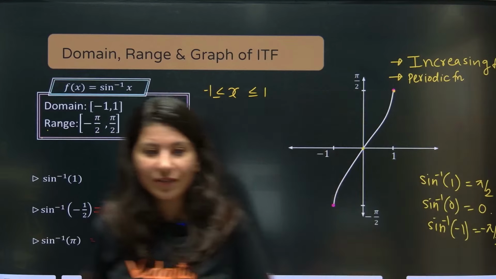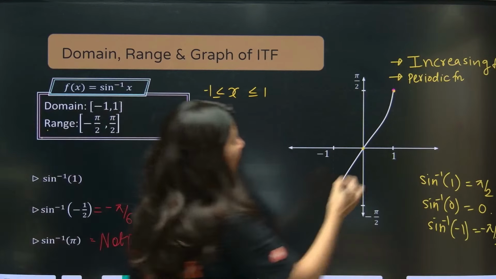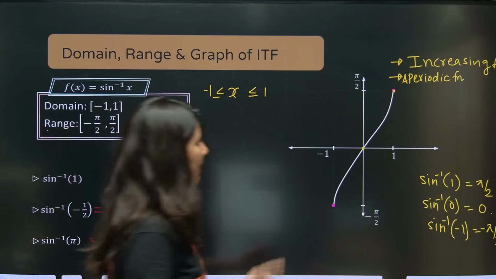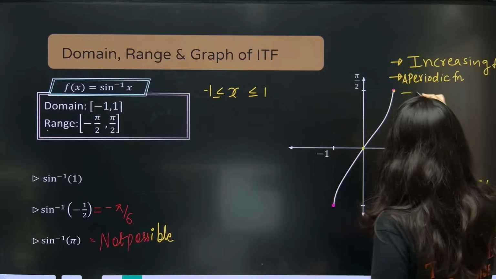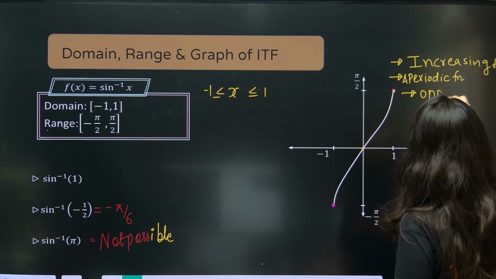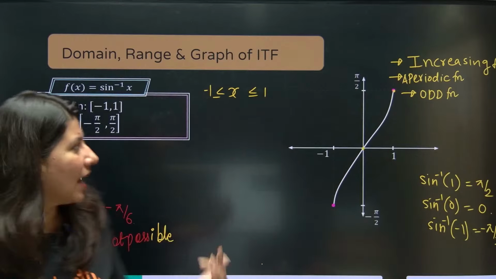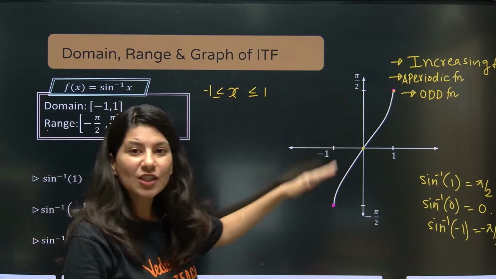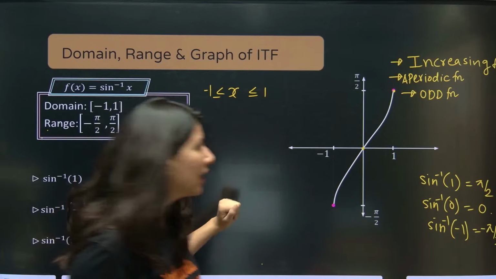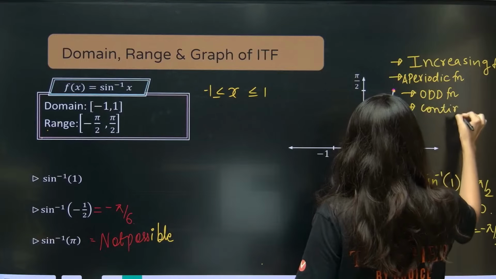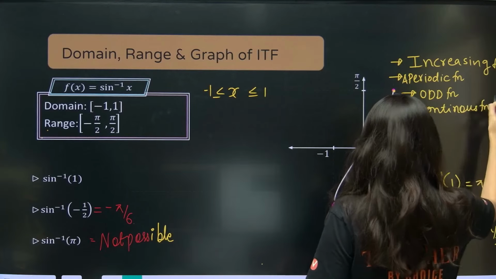This is an aperiodic function, not periodic. Then tell me, is it an odd function or an even function? This is an odd function because sin x is also odd, and this is also symmetric about origin. And this is a continuous function.